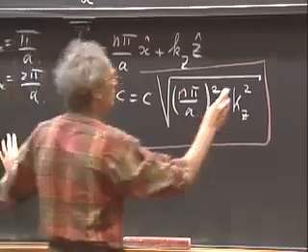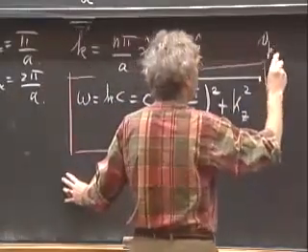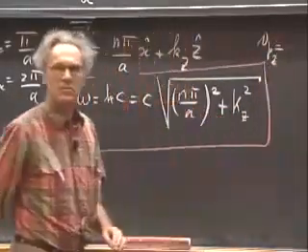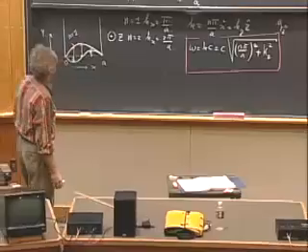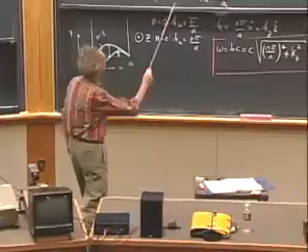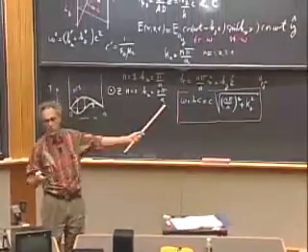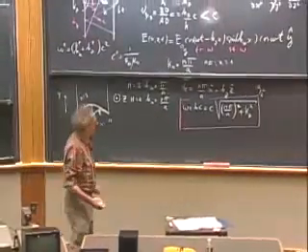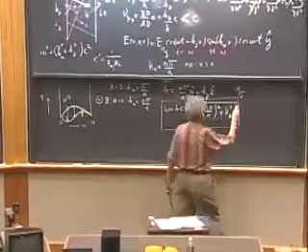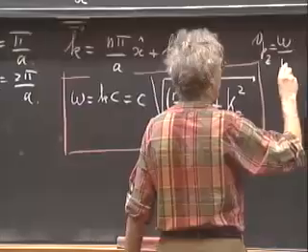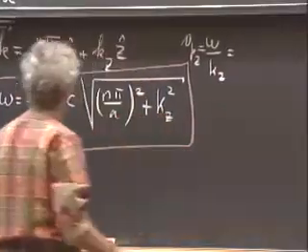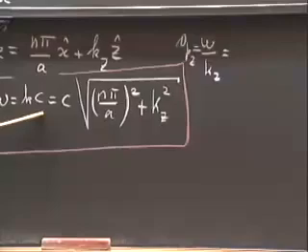And so now you can ask yourself, what is now the phase velocity in the z direction? We already know what it is. It must be that. We already reasoned that purely from geometry. But it must come out now too. Well, the phase velocity in the z direction is omega divided by kz. But omega itself is kc.